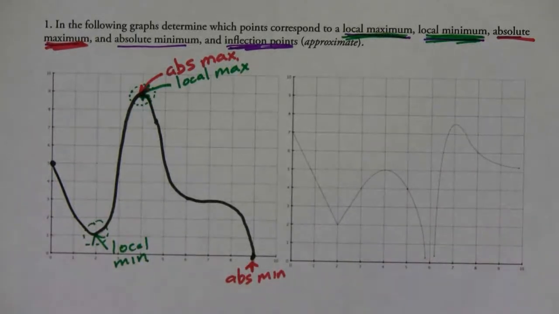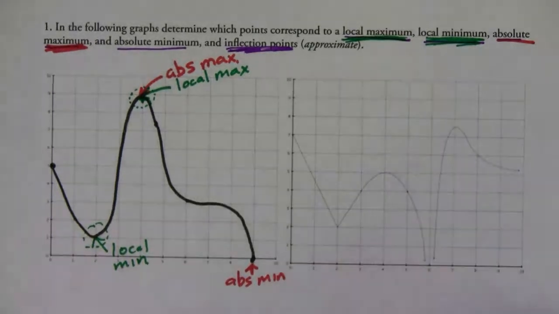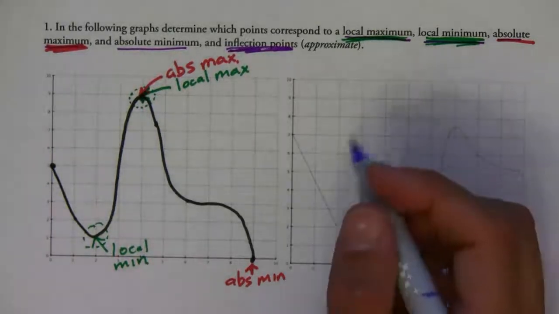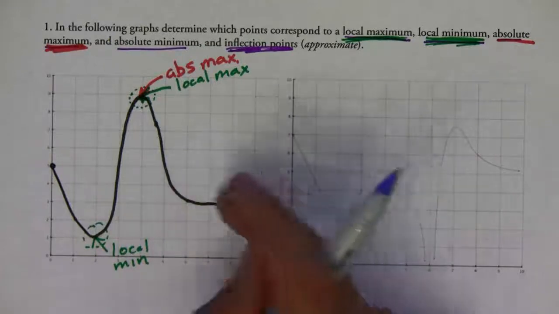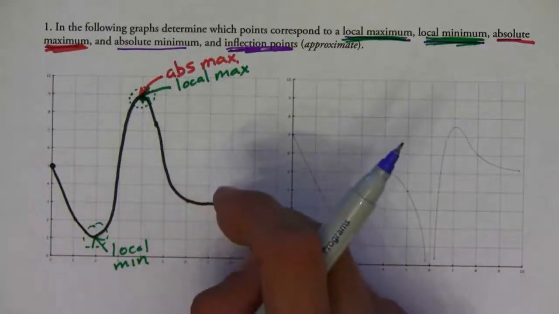Now I didn't ask you guys to find these, but let's make a note, because this is important as well: the critical points. Remember that critical points are anywhere where the first derivative is either 0 or does not exist.